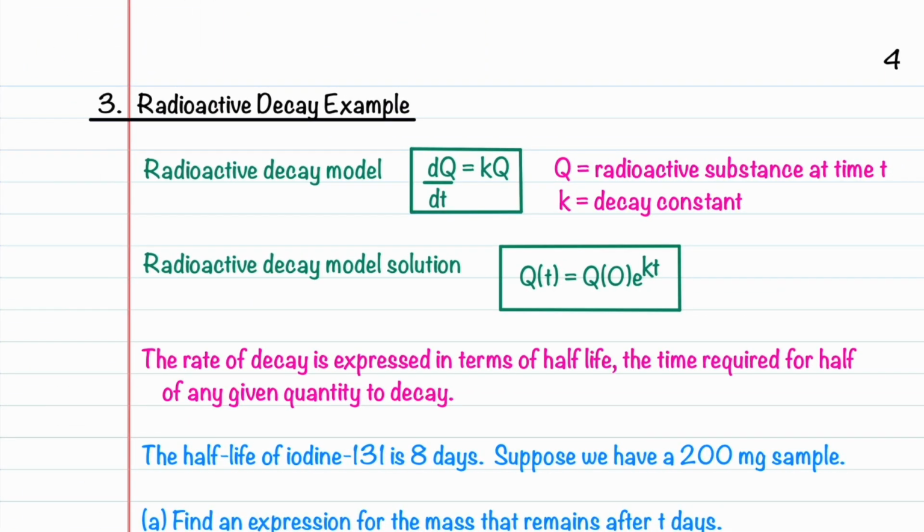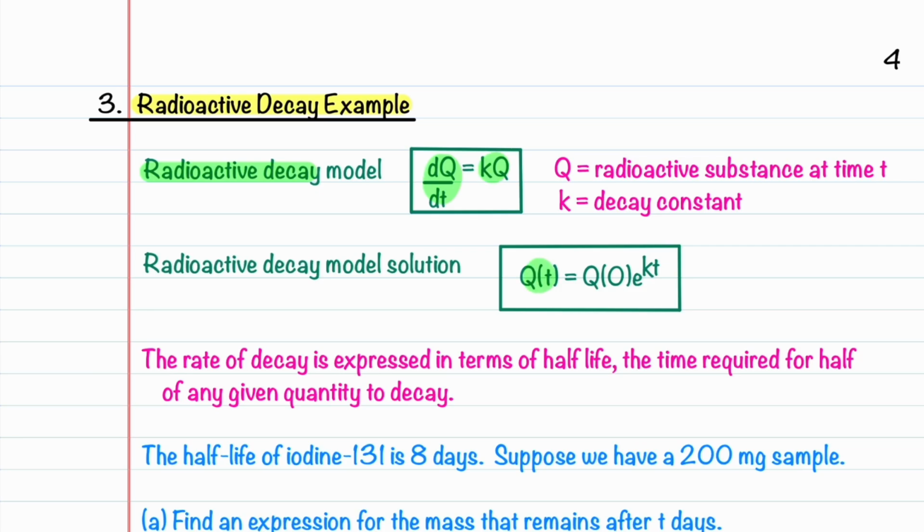We are going to look at an example involving the radioactive decay of iodine-131. With radioactive decay examples, the rate of change of a substance Q is proportional to its size.